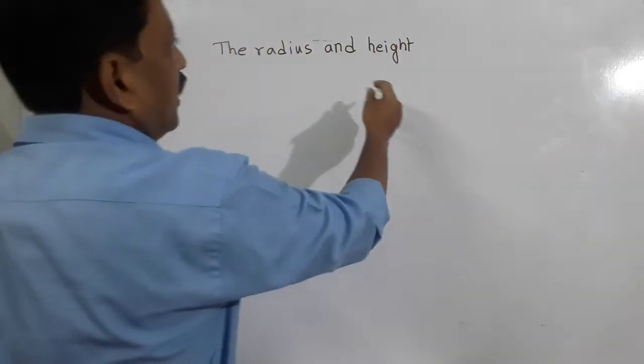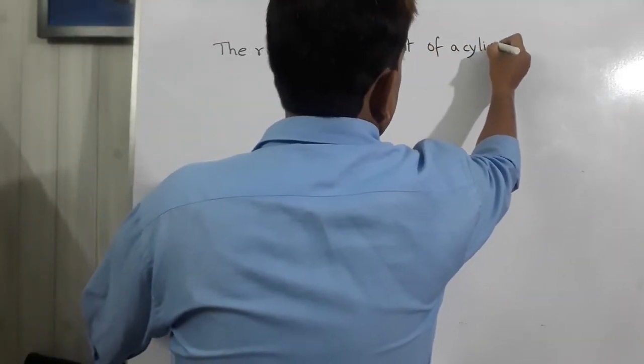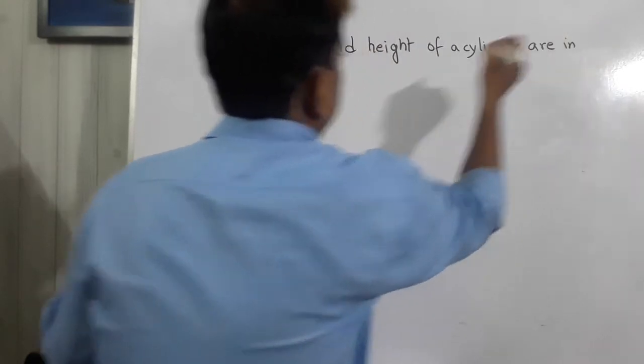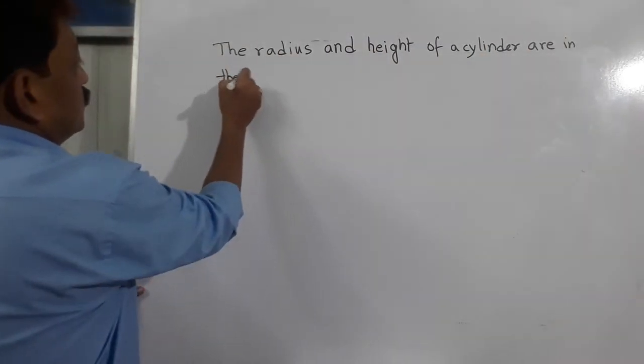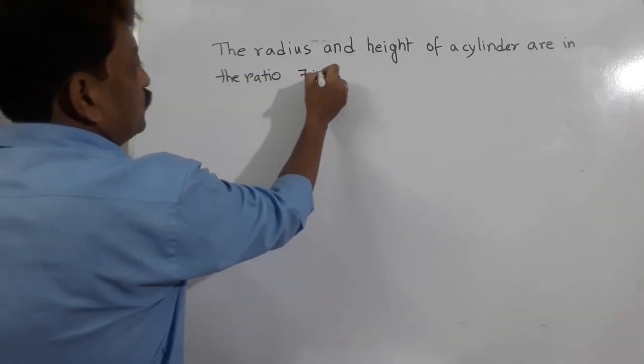The radius and height of a cylinder are in the ratio 7:2.